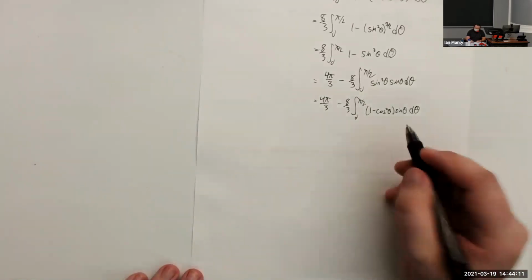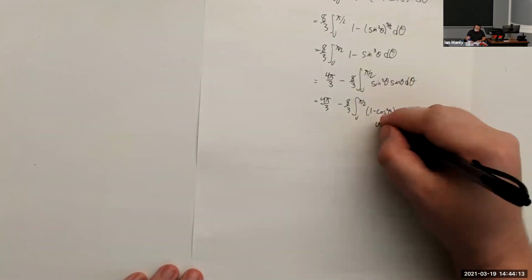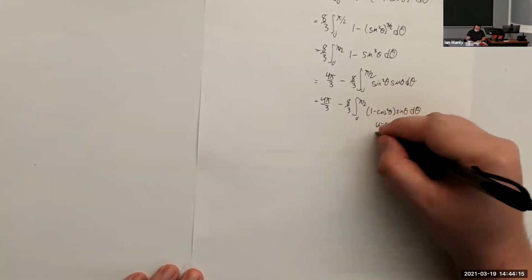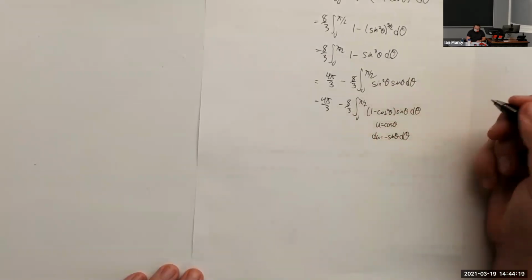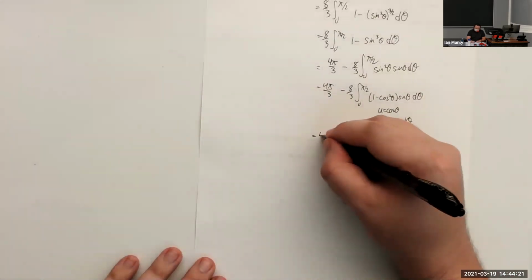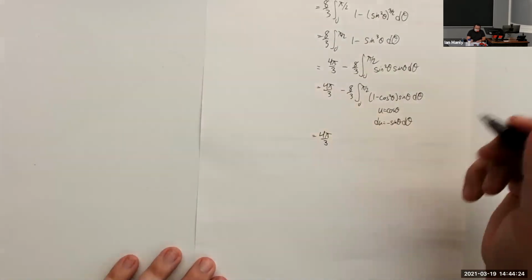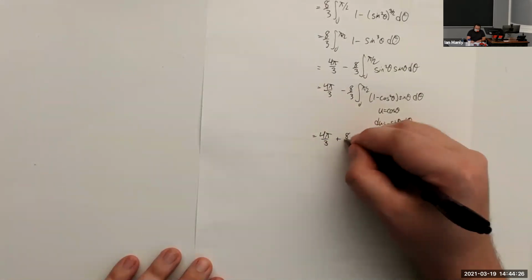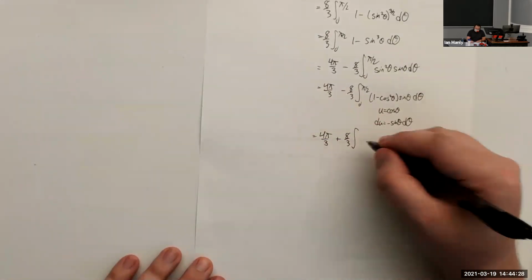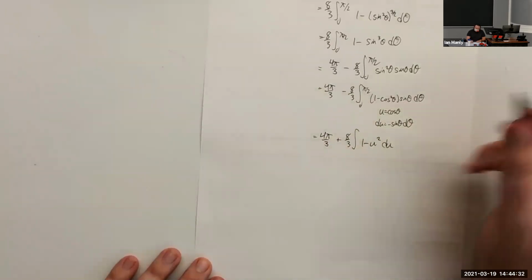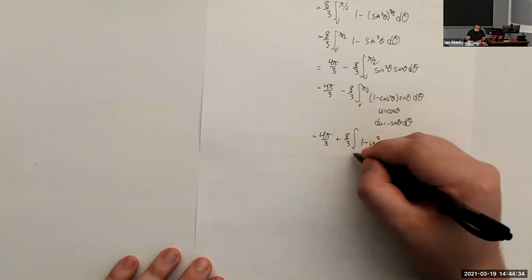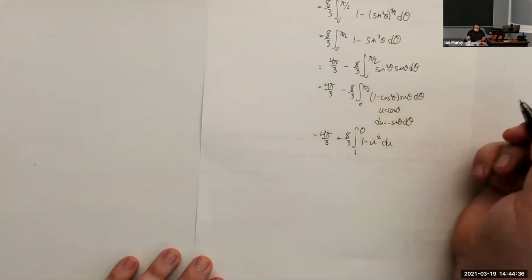All right, so let's do u is cosine of theta, and du will be negative sine of theta d theta. So this will be 4 pi over 3 plus 8/3 times the integral of 1 minus u squared du. And then the bounds will be from 1 to 0.